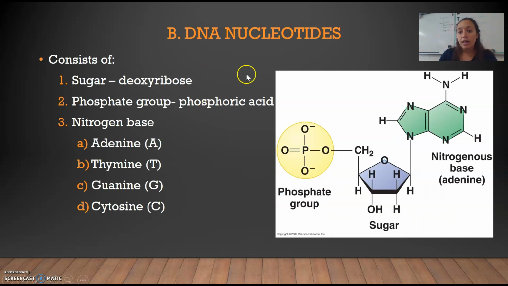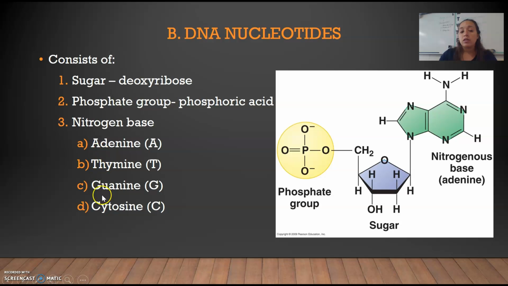Your nucleotide then consists of three parts: a sugar, specifically that sugar, which is right here, is called deoxyribose. It's literally in the name. Then a phosphate group, and a nitrogen base. The nitrogen bases, we have four: adenine, thymine, guanine, and cytosine, and these are their abbreviations.